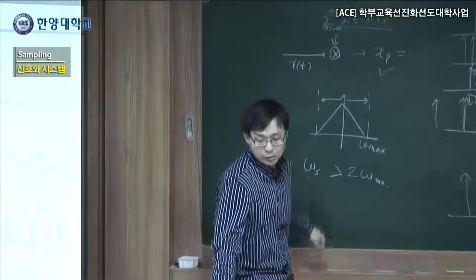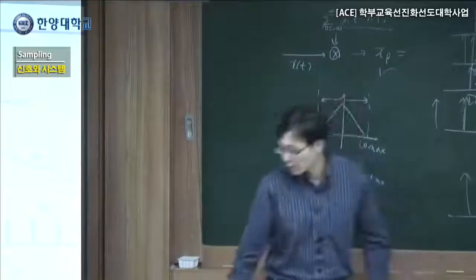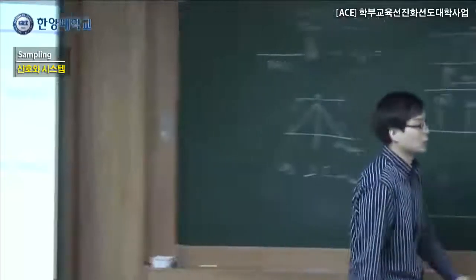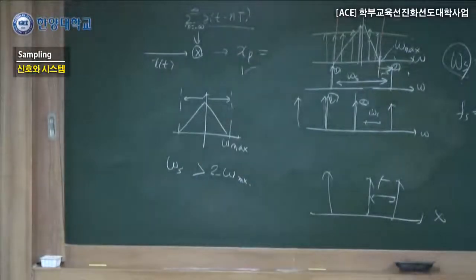This one also you can understand in the way we showed before. Let's go back to our previous example. I explained that this T is the sampling period. The reason that we cannot distinguish this signal is because we don't know the value between those sampling periods, because our sampling period is too long.